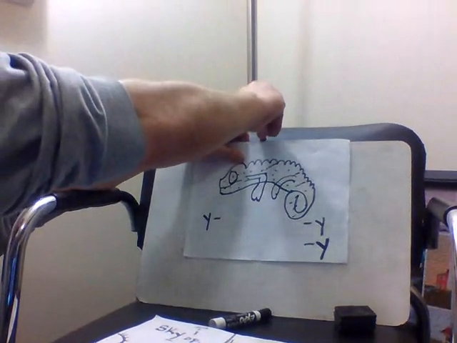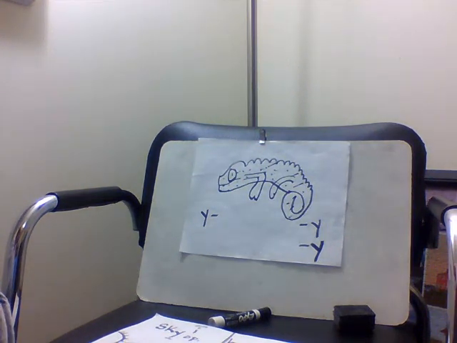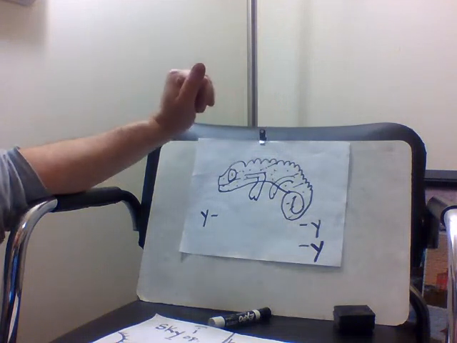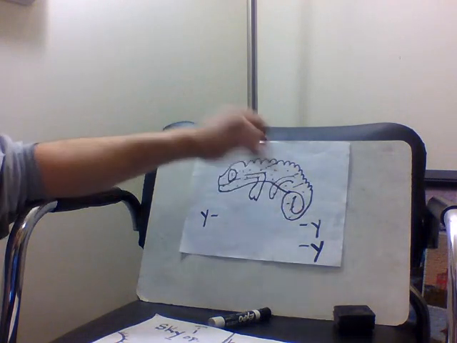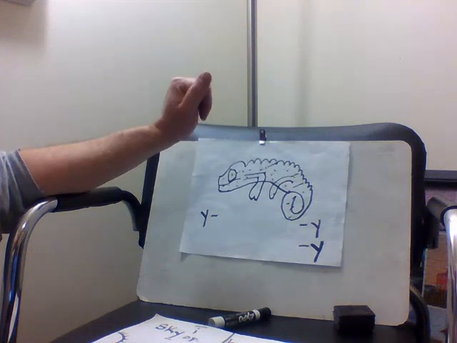Okay, let's think about what we did in our last video and review a little bit before we do some new words. In our last video, we talked about Y being like a chameleon. Just like a chameleon can change its color, Y can change its sound, and it can be both a consonant and a vowel.